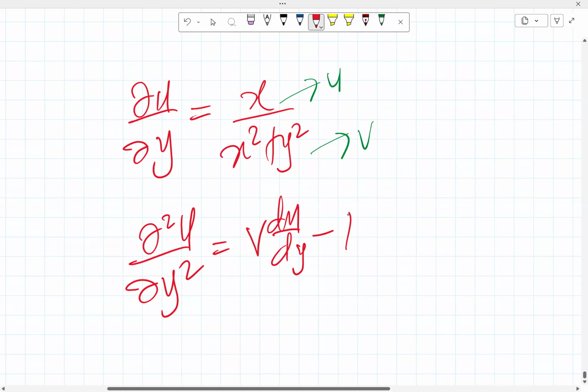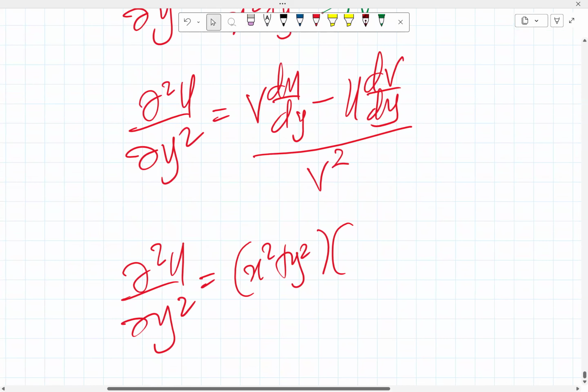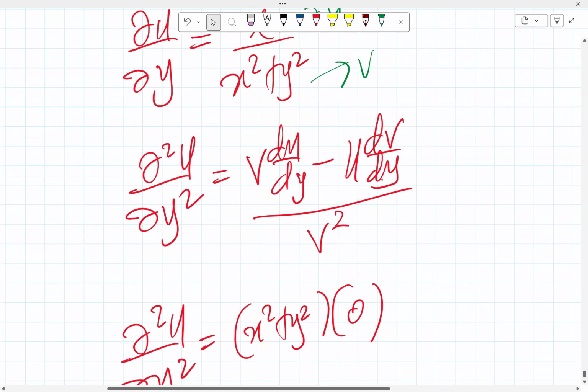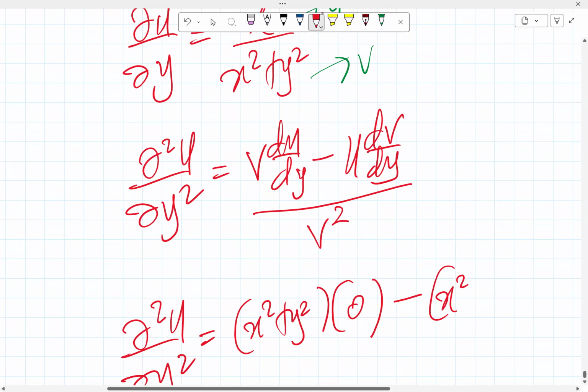Du dy is 0 again, because u is simply x. Dv dy, we differentiate x squared plus y squared with respect to y, which is simply 2y, all over v squared again, that's x squared plus y squared, raised to power 2.